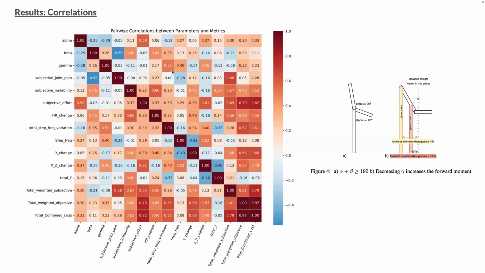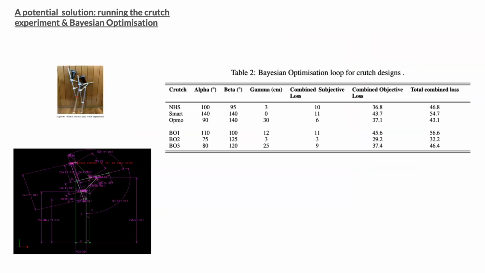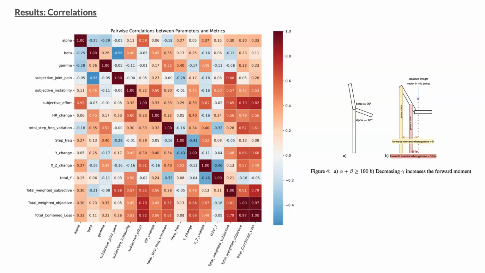The way to interpret these results is that when gamma is 0, the rotational moment that occurs when someone is in the middle of the swing is as big as it can get.